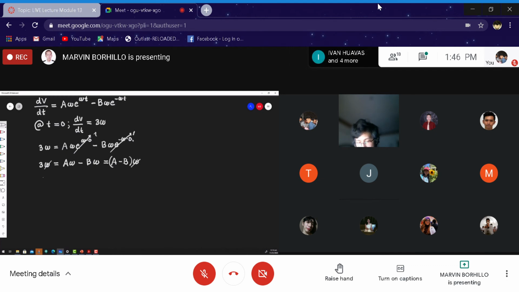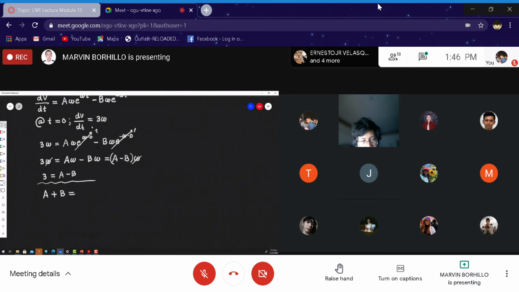So, next equation will be 3 is equals to A minus B. So, we have now two equations and two unknowns. Our first equation will be A plus B is equals to, ano nga ba yan? 7. A minus B is equals to 3.